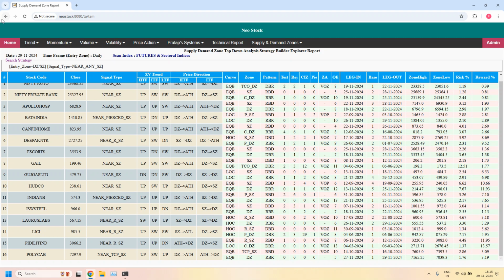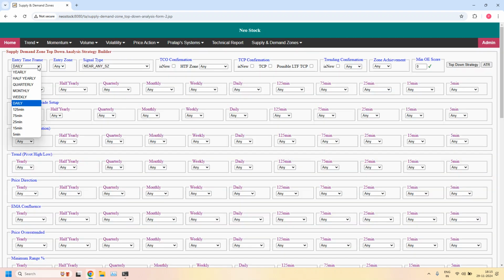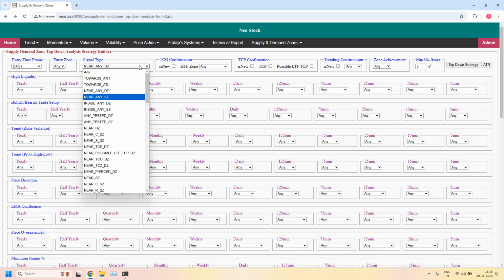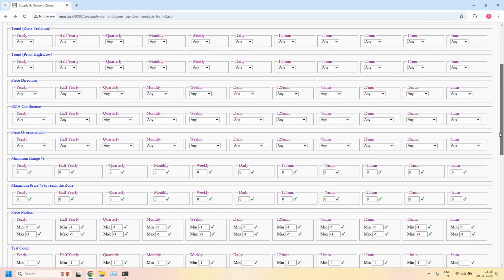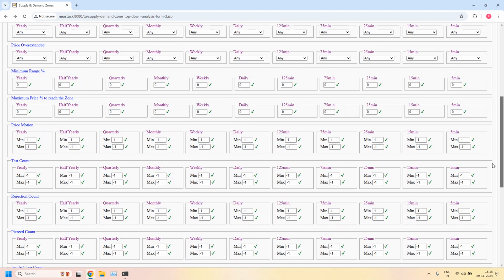Okay. Next, daily time frame. Let's find price closed inside the daily demand zone, and these daily demand zones should not be pierced. So in the pierced count parameter at daily time frame, I am setting minimum value 0, maximum value 0.